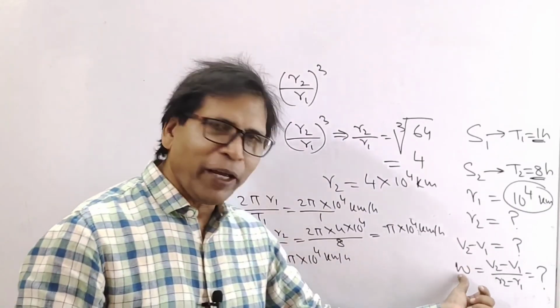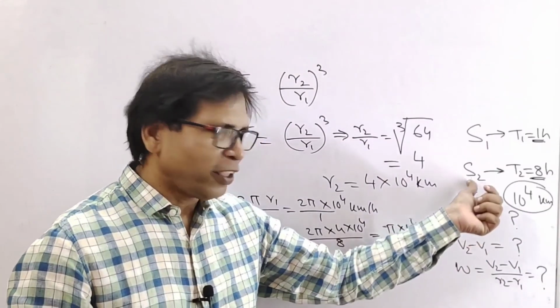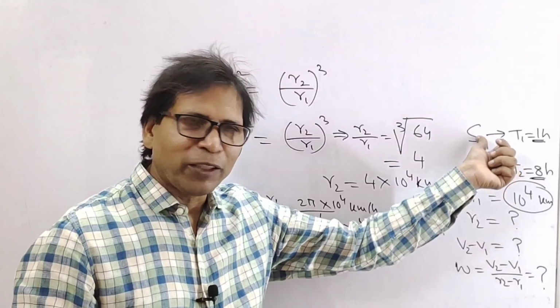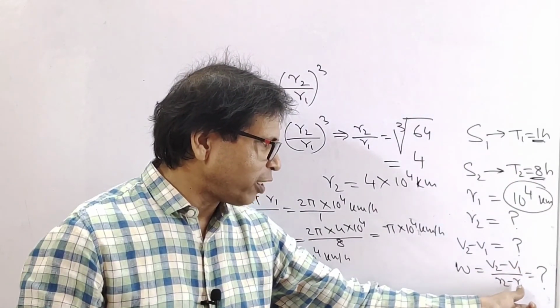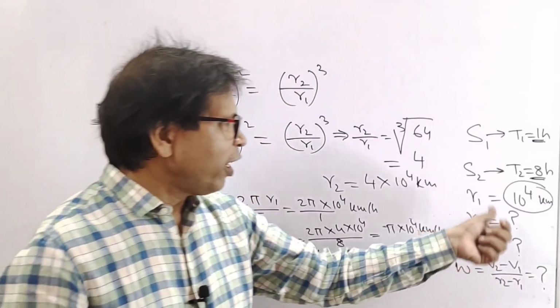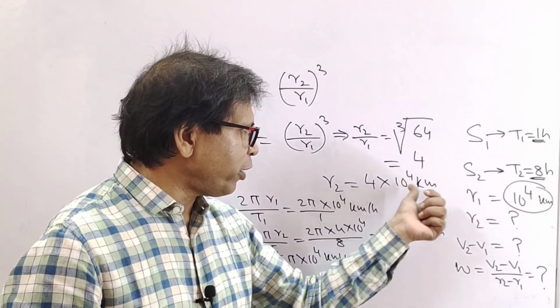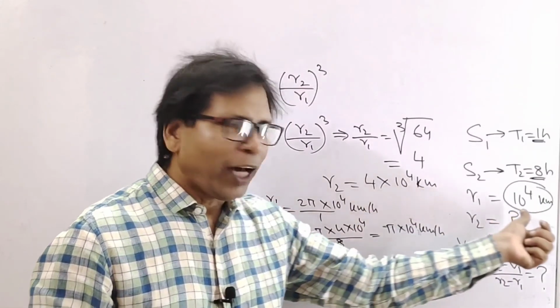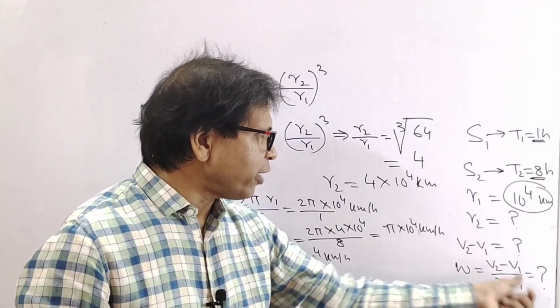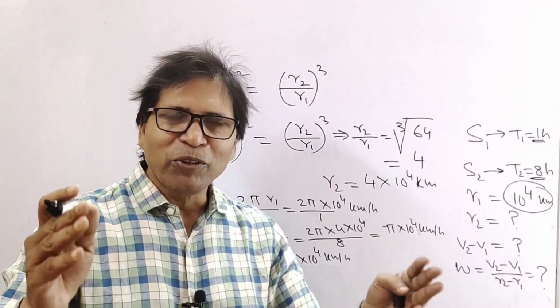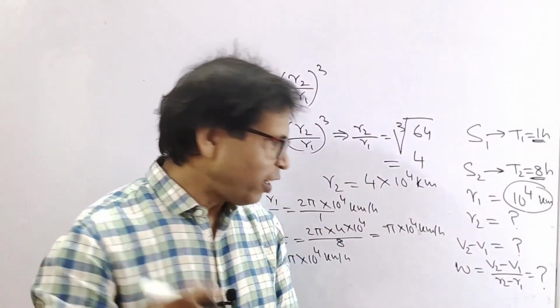Okay, now the relative angular velocity of S2 with respect to S1. So this is V2 minus V1 by R2 minus R1. Look at this, R2 is 4 into 10 to the power 4 kilometer, R1 is 10 to the power 4 kilometer. So R2 minus R1 is 3 into 10 to the power 4 kilometer.